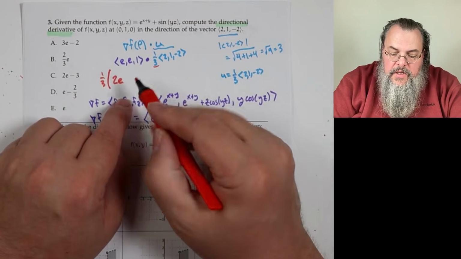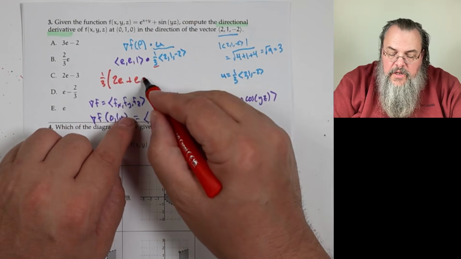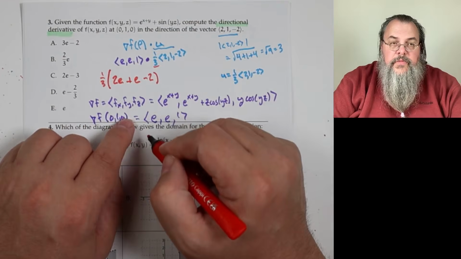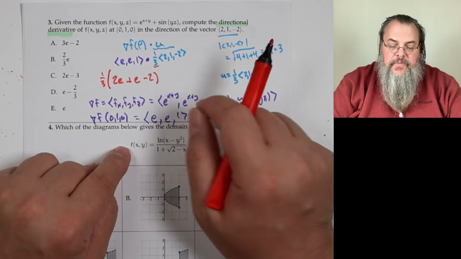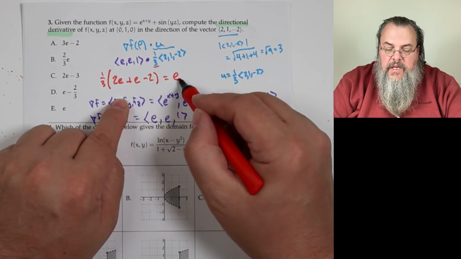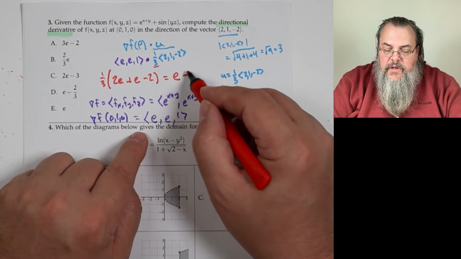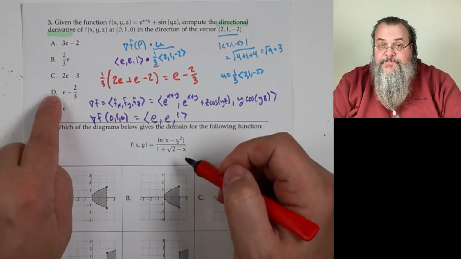E times 1, e. We're going to add that in. 1 times negative 2, negative 2. Right? So you're multiplying entry by entry and adding up. Well, 2e plus e is 3e times a third makes e. 1/3 times minus 2 is minus 2/3. So we're looking for e minus 2/3.